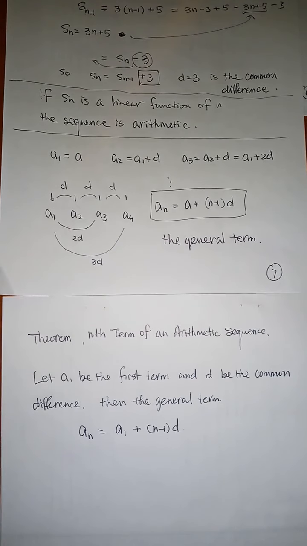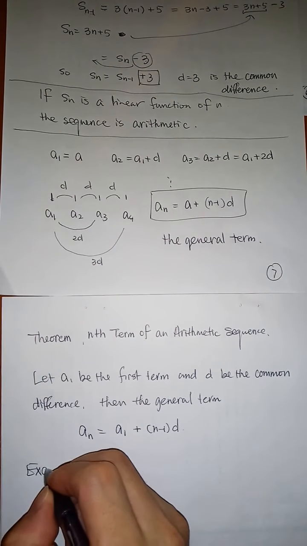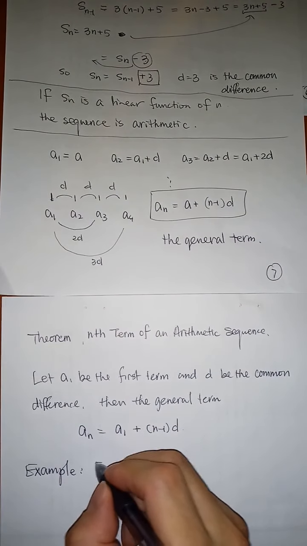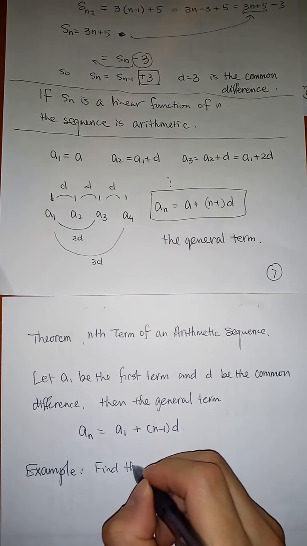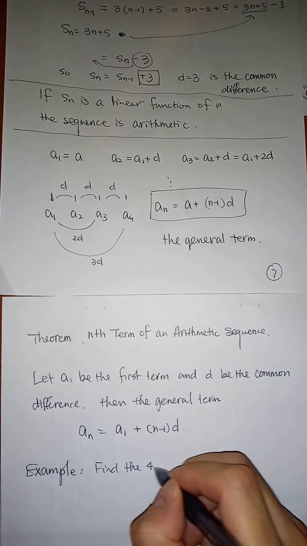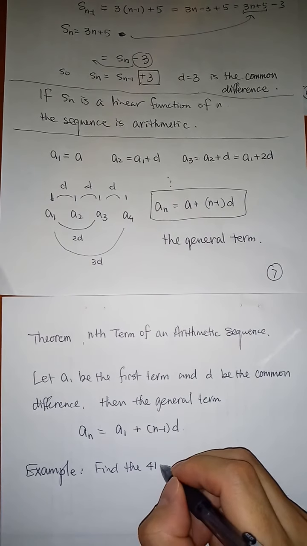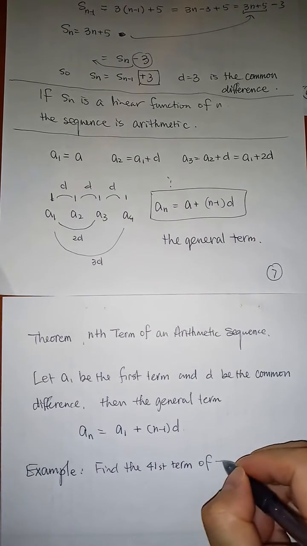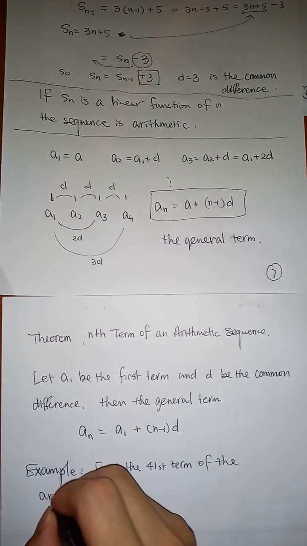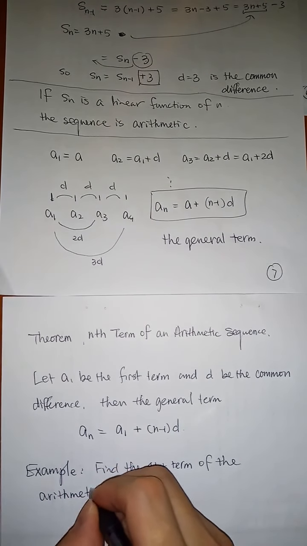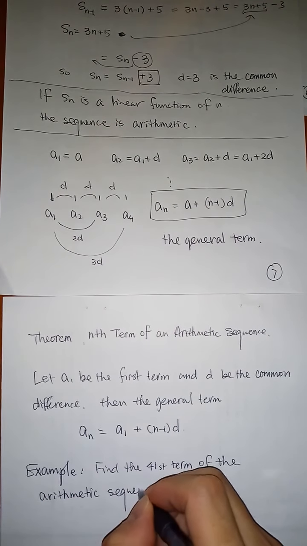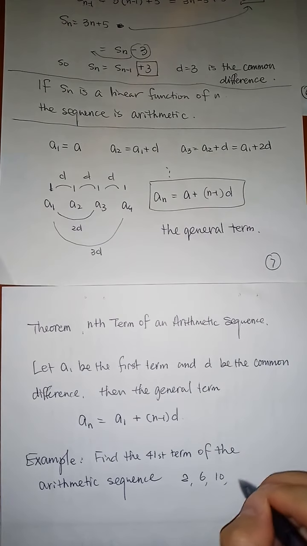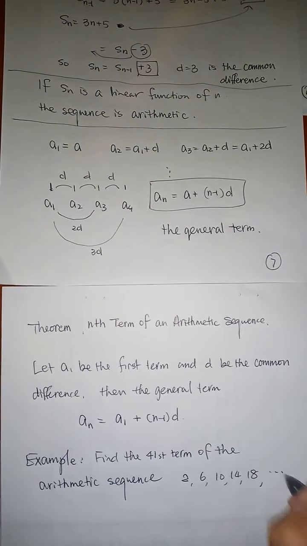Okay, so let's see the example. Find the 41st term of the arithmetic sequence 2, 6, 10, 14, 18, and so on.